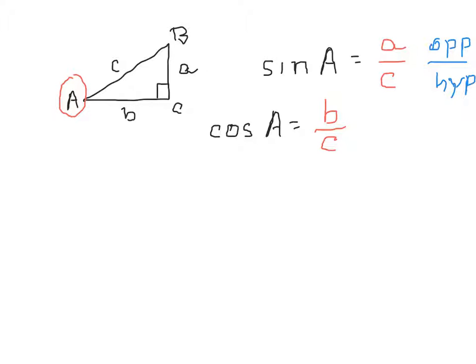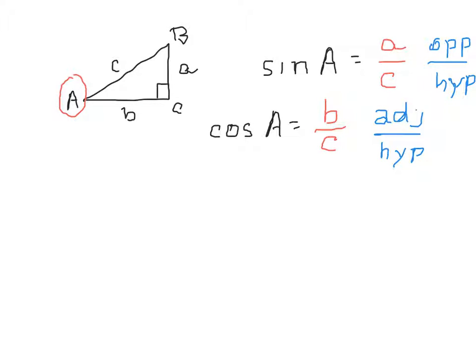Or, in general terms, this is equal to the side adjacent to the angle divided by the hypotenuse. Okay? So we've got 2 trig functions. The sine of the angle is equal to the side opposite that angle divided by the hypotenuse.